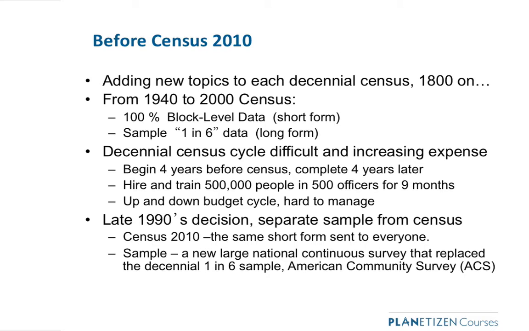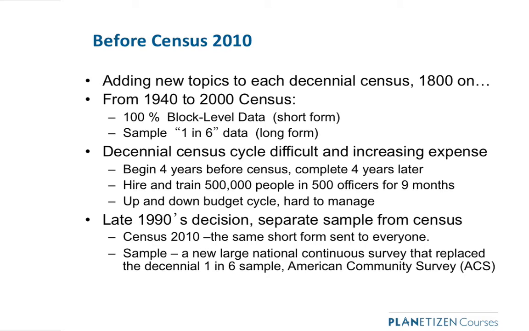From 1940 to the 2000 census, the format was to divide the census into two types of questionnaires that went out to all the households in the country. Most people got what was called the short form, and this was called the 100% data.